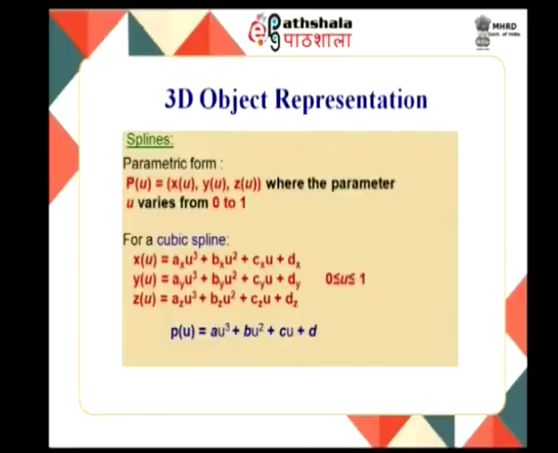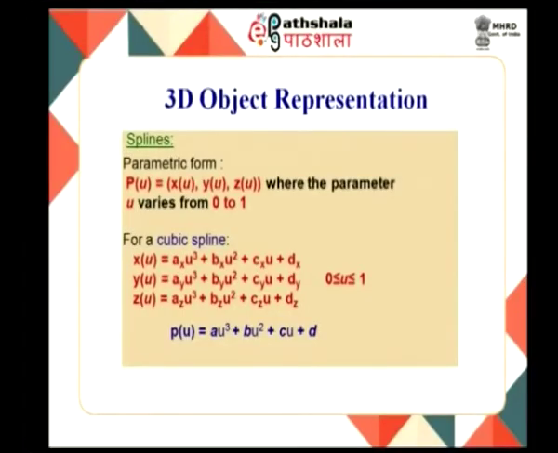I hope you remember the discussion on the Liang-Barsky line clipping procedure, where we understood how to represent a line in parametric form. Here we are going to represent a curve in parametric form, and the curve is assumed to be lying in the 3D world. So, it has got x, it has got y, and it has also got a z, and the parameter being u.